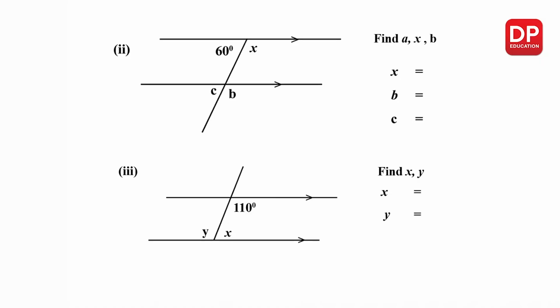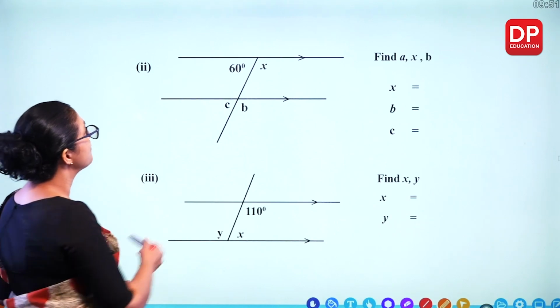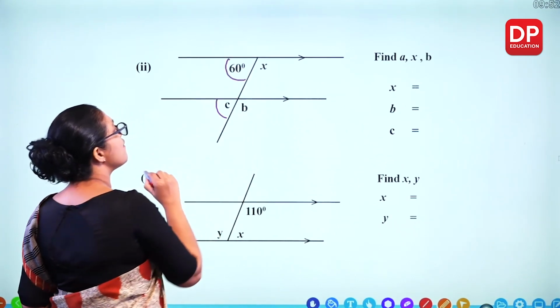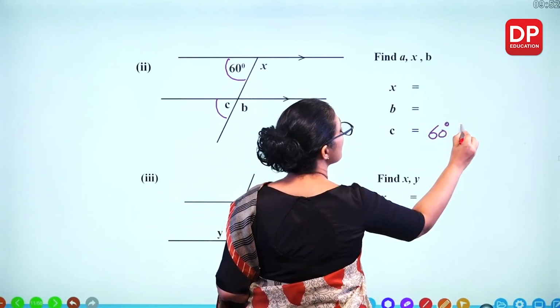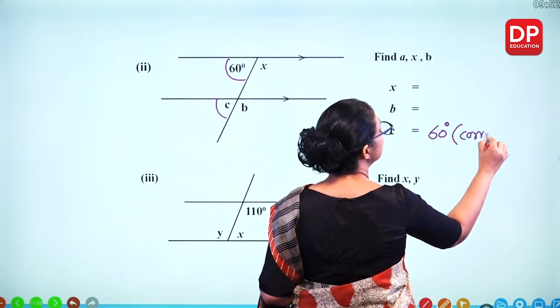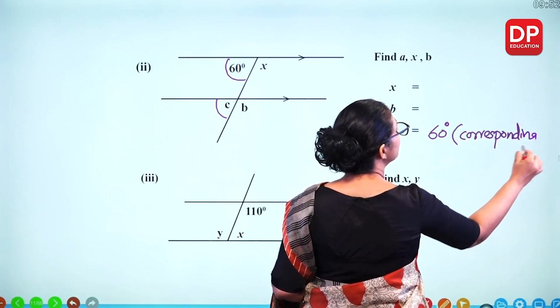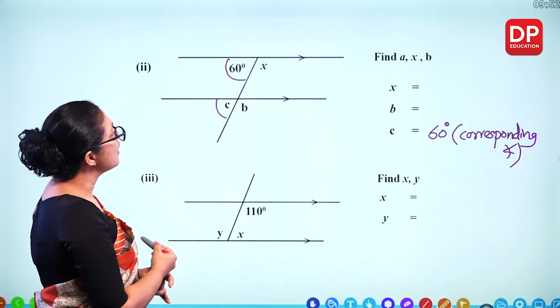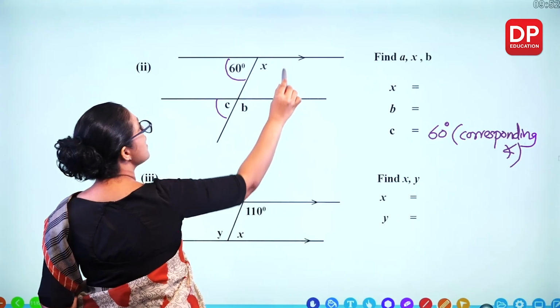You can take opposite angle, straight angle to find out these unknowns. Look at this one. Two parallel lines given. Find AXB. If this is 60, what's this one? F letter. C is 60. Corresponding angles. Then you can find X using straight angle.